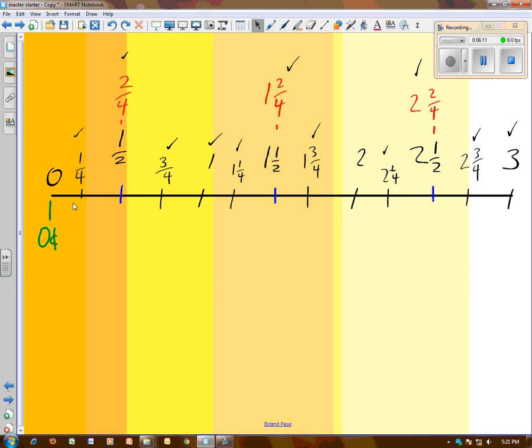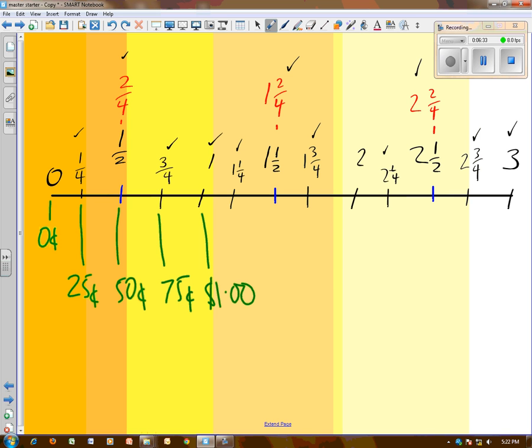Oh, whoops, daisy. If you're American, and that's what they call it in America, a quarter equals 25 cents. 2/4 or half a dollar equals 50 cents. And 3/4 of a dollar equals 75 cents. And well, $1 equals $1.00.